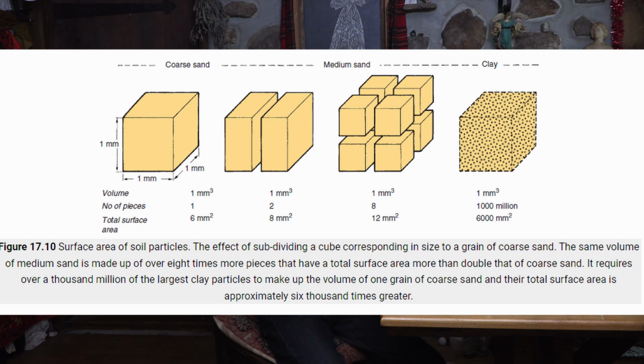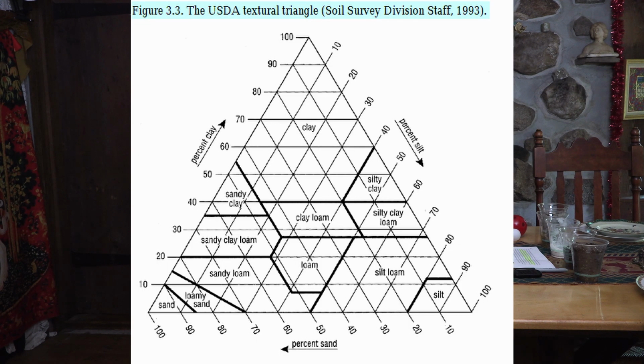If we look at the different types of soil, we have very coarse particles, we have very fine particles. The coarse particles give aeration and drainage. The very fine particles are responsible more for holding on to water. We need both of them in a soil that functions optimally for the crops we're growing.